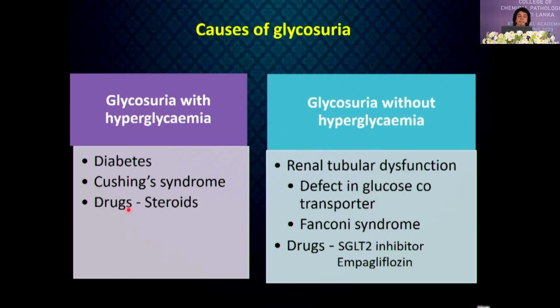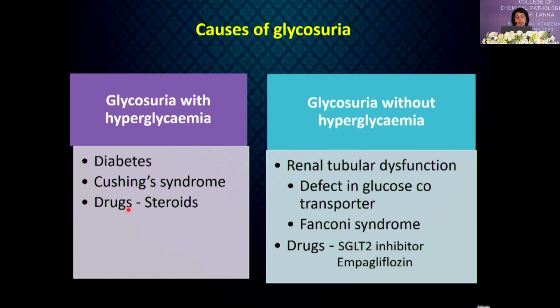The causes of glycosuria can occur with hyperglycemia or without hyperglycemia. In glycosuria with hyperglycemia, the plasma glucose concentration exceeds the renal threshold and glucose appears in the urine, for example in diabetes, Cushing's syndrome and steroid therapy.